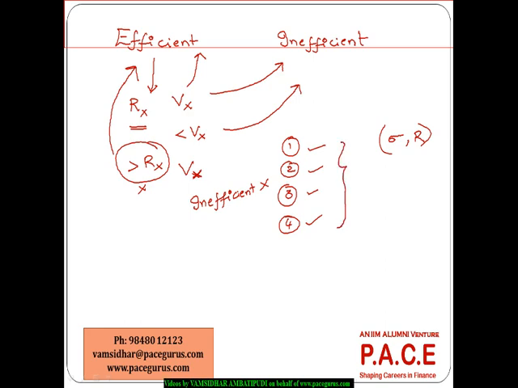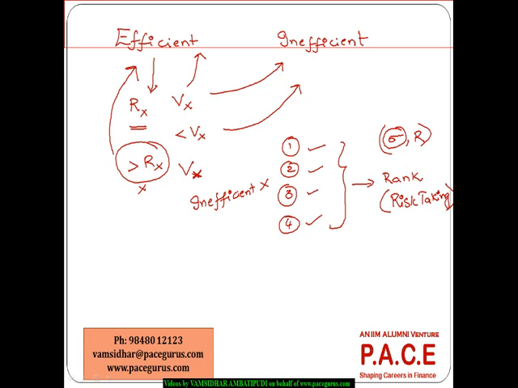Now, once the identification of these efficient portfolios is done, the investor will try to rank them based on his risk taking. Based on his profile, he'll choose how much standard deviation or variance is suitable to him, suitable to his needs.